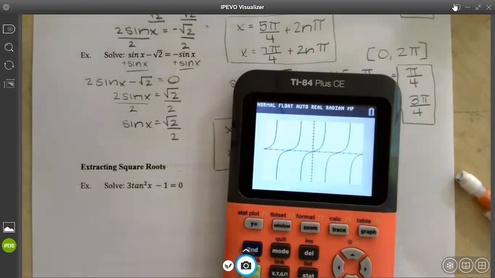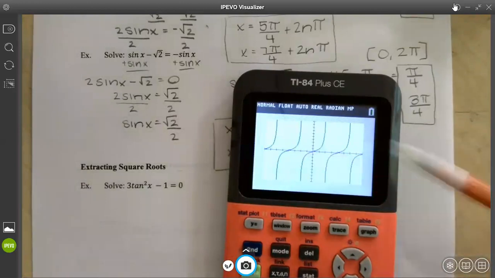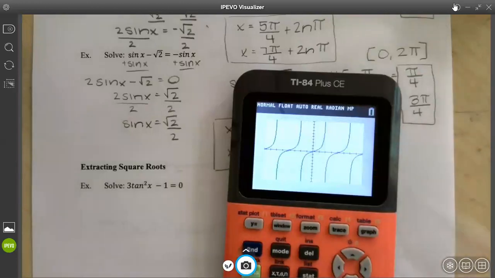All right, so each one of these little lines, guys, is going to be your period. So where does this one stretch from? My little marks are pi over 4s. If this is pi over 4, what's the next one going to be?